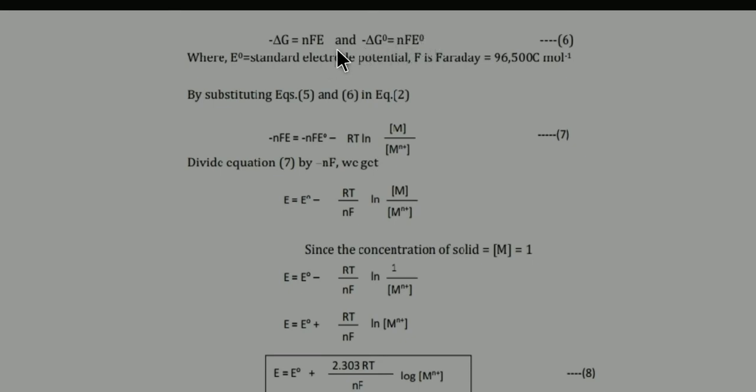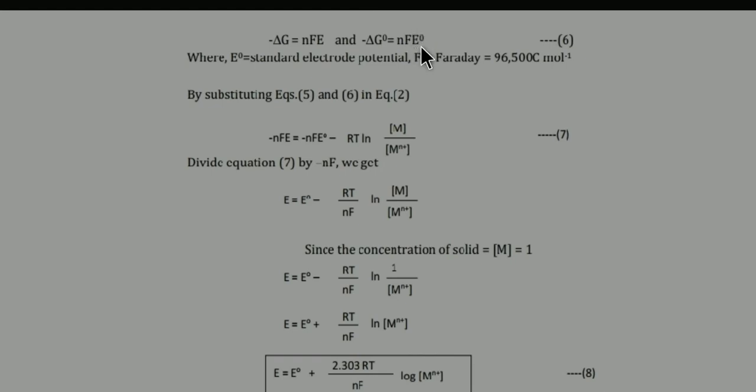When you maintain standard conditions, n is not going to change because n is the number of electrons, an integer, and F is a constant, Faraday's constant, so that also does not change.